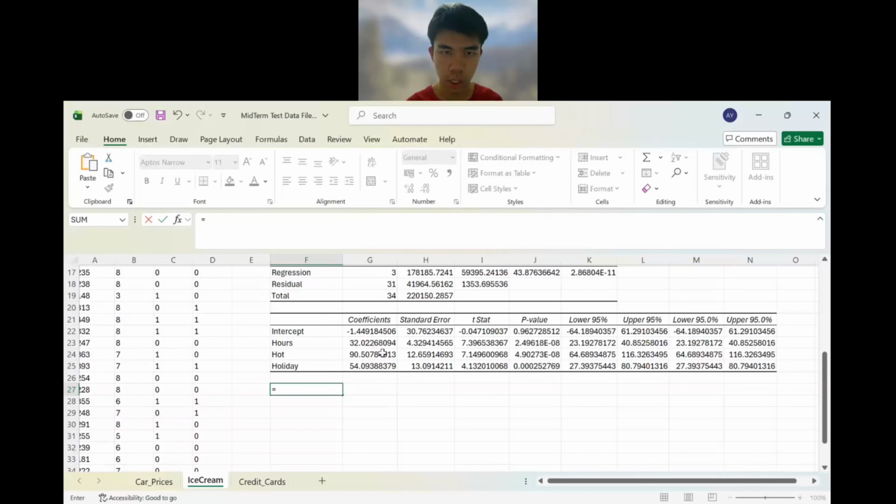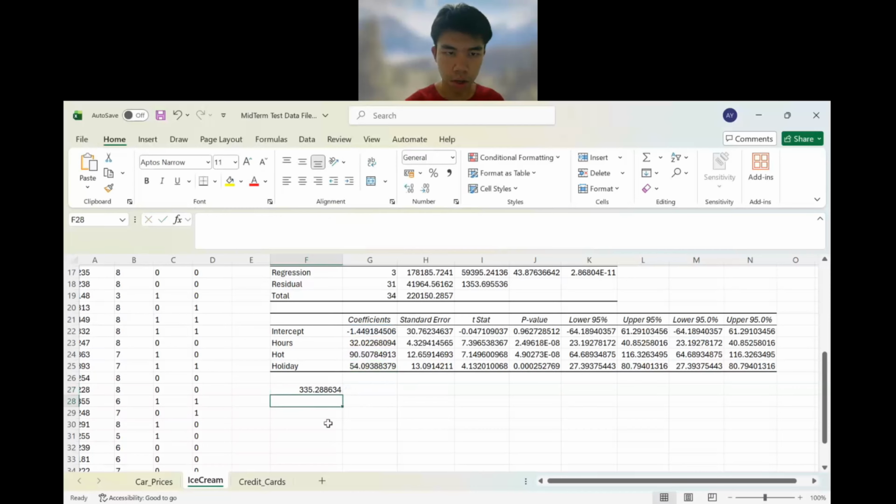The equation is the intercept plus the hours coefficient multiplied by 6 hours, plus it is a hot day, so 90.51, the coefficient, we multiply by 1 because it is hot, and holiday, 64.09 multiplied by 1.